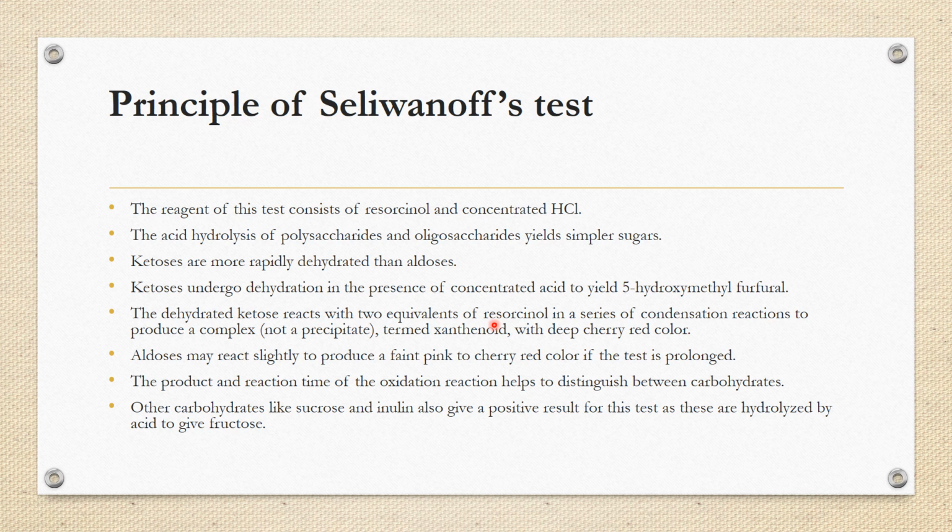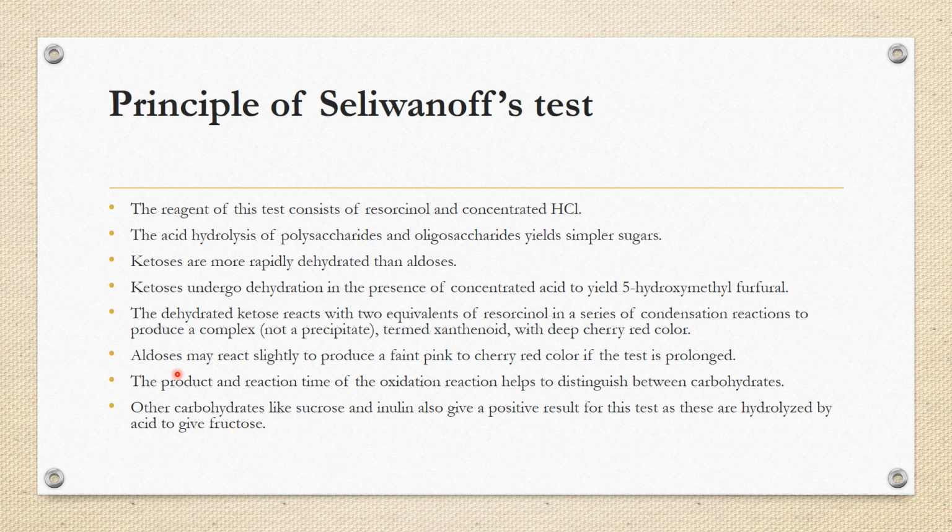This reaction happens in a series of condensation reactions to produce a complex, not a precipitate. This complex is termed xanthenoid, and it results in the formation of a deep cherry red color.